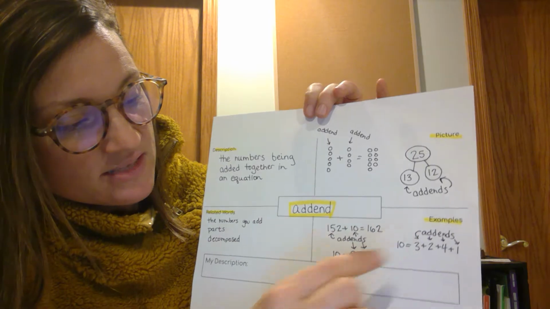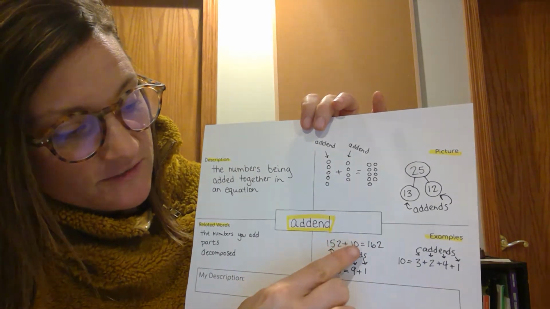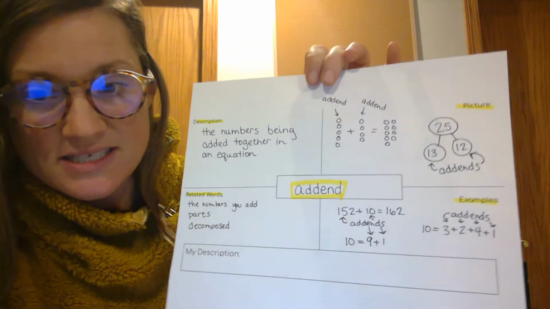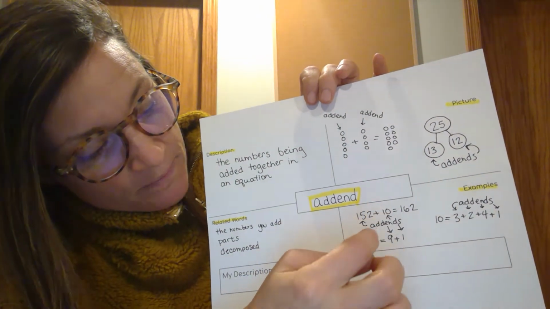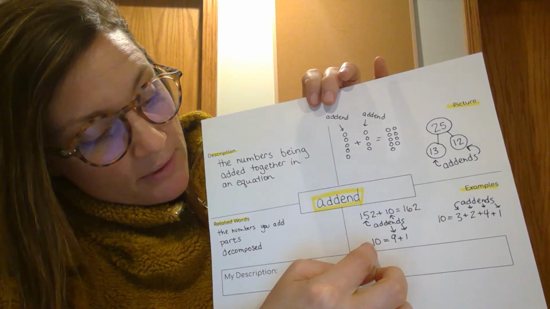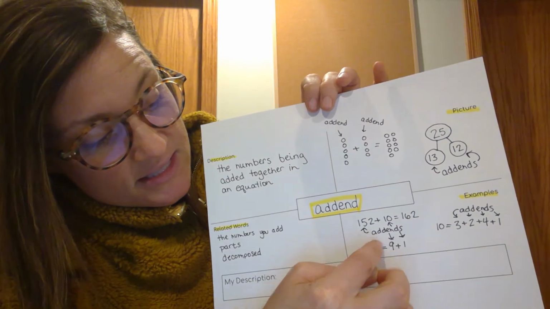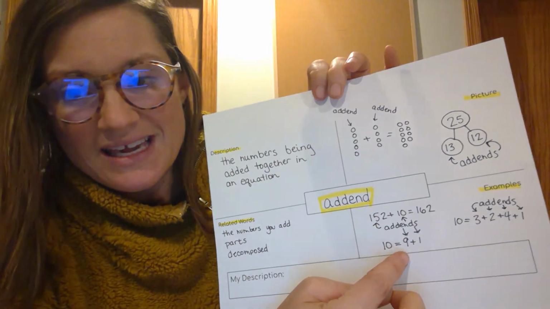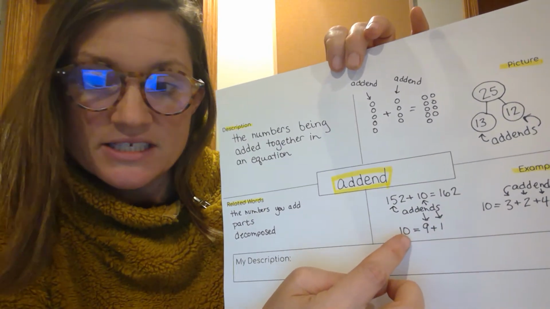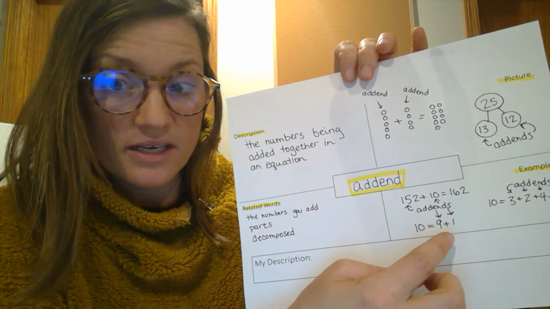Okay, and so you can see some examples here. 152 plus 10 equals 162. So those two numbers there would be the addends. Always remember, it doesn't matter if the sum or the answer comes first, and you have the addends on that side. The key is that you would see that addition sign between the numbers.